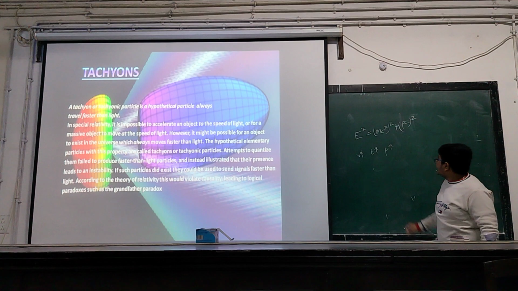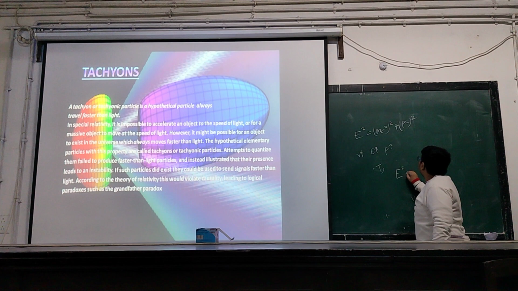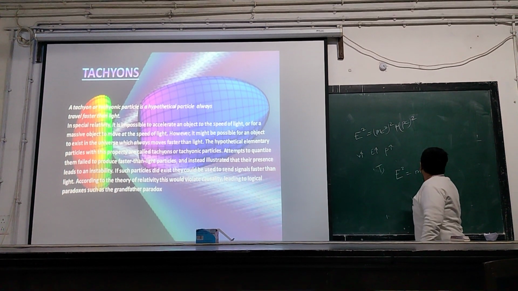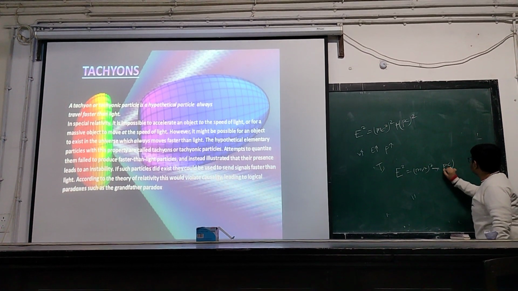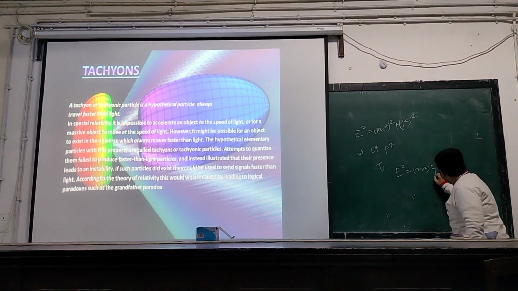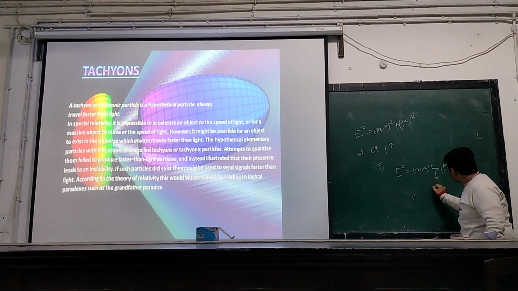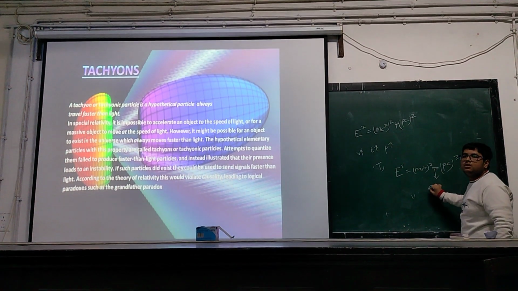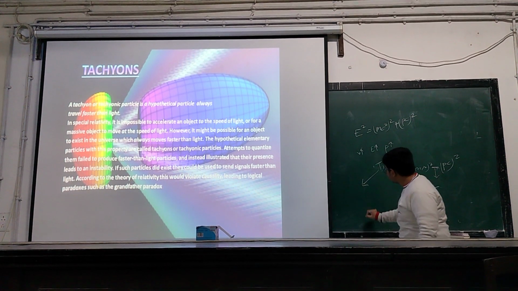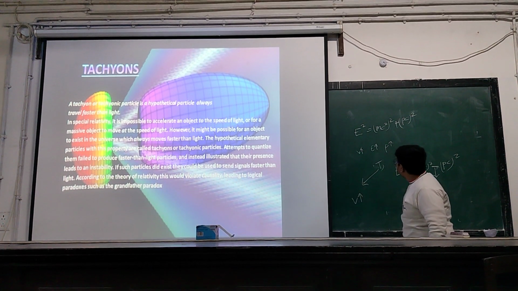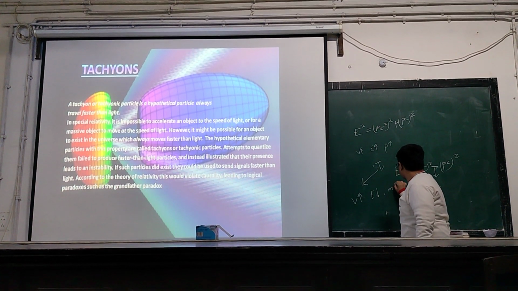But in the case of tachyons, the equation slightly changes to (mc²)² minus (pc)². This minus sign has been introduced so that the conservation laws are preserved. According to the theory, the tachyon works in a way that if velocity increases, the energy of the particle will decrease, and so will the momentum.